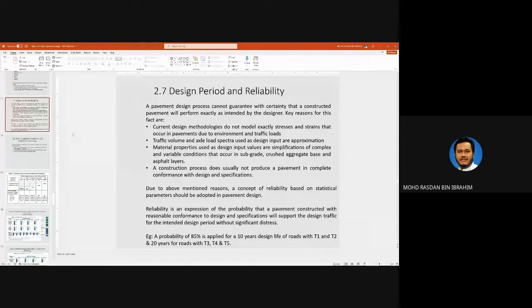Design period and reliability. Pavement design process cannot guarantee with certainty that the pavement will perform exactly. Compared to other fields in engineering, the accuracy of pavement design is quite low, because analyzing the behavior of granular materials and the way that the subgrade handles loading is very difficult.